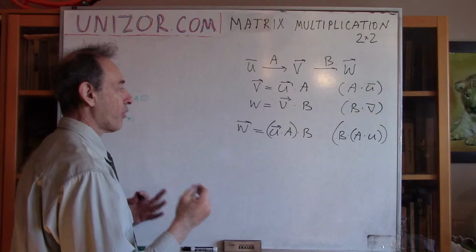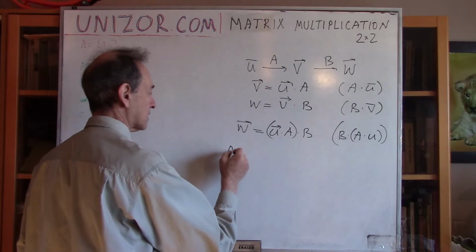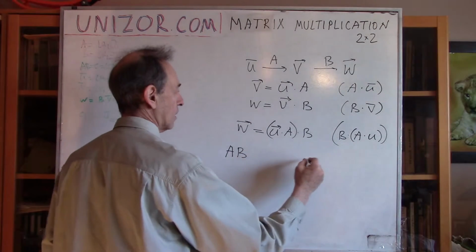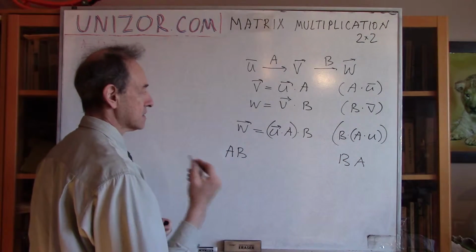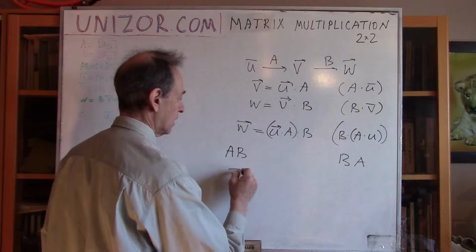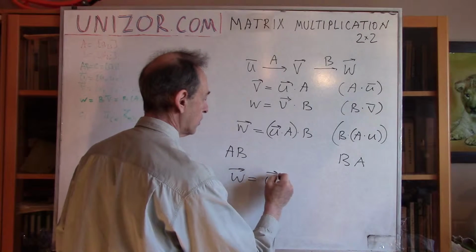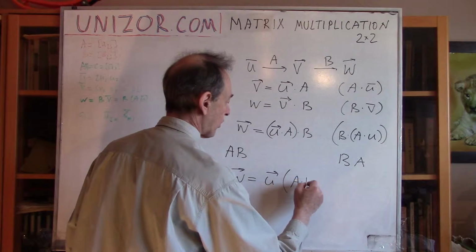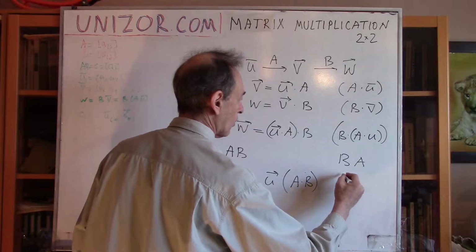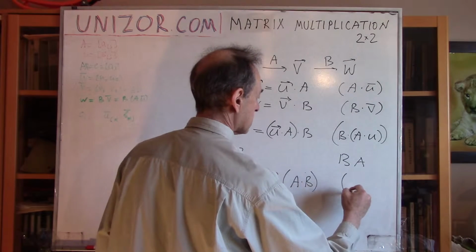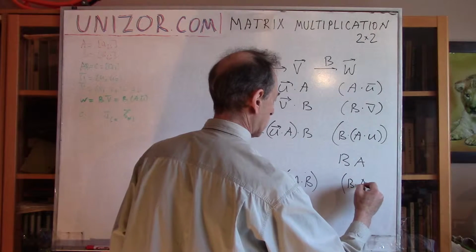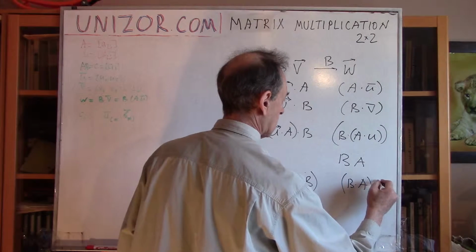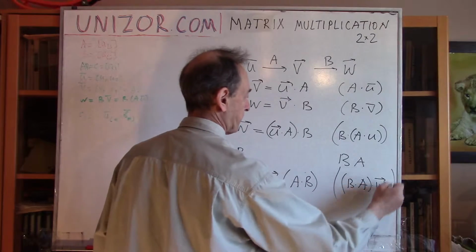So, our purpose is to define matrix multiplication AB or BA in these cases such that w is equal to u with the product of two matrices applied in this way.